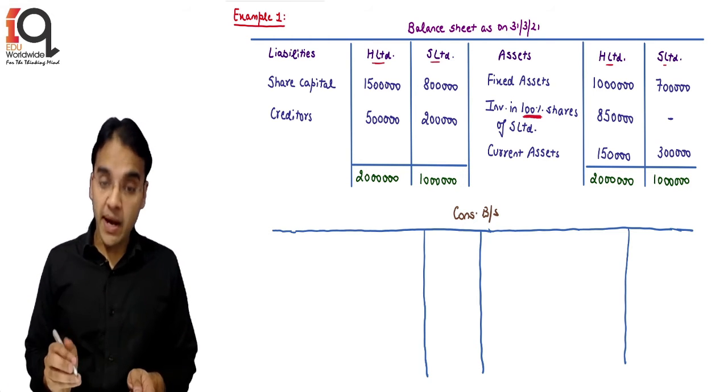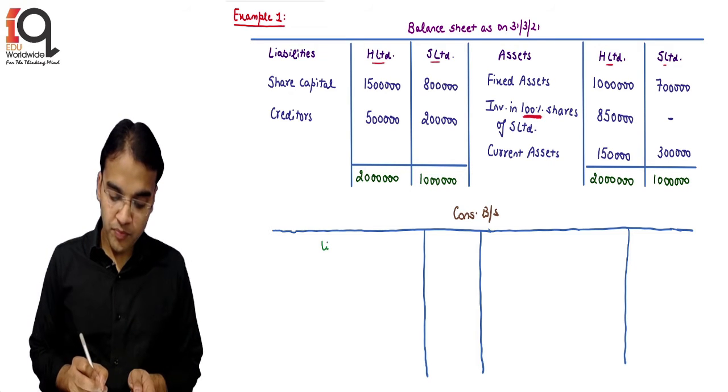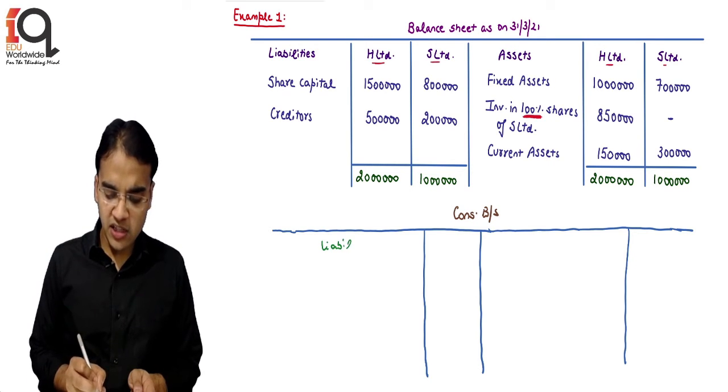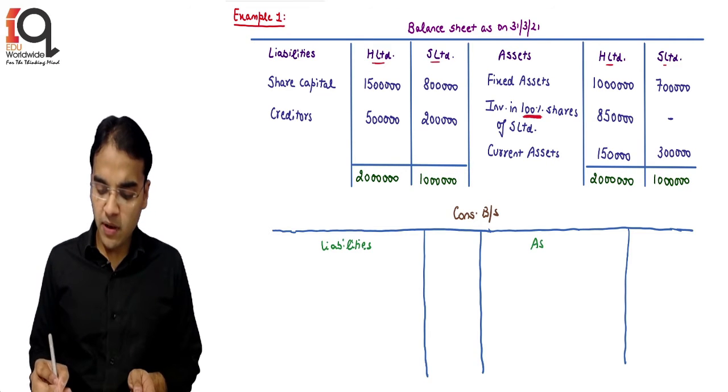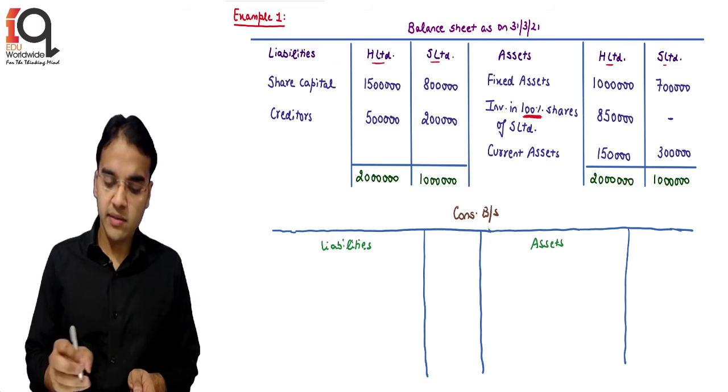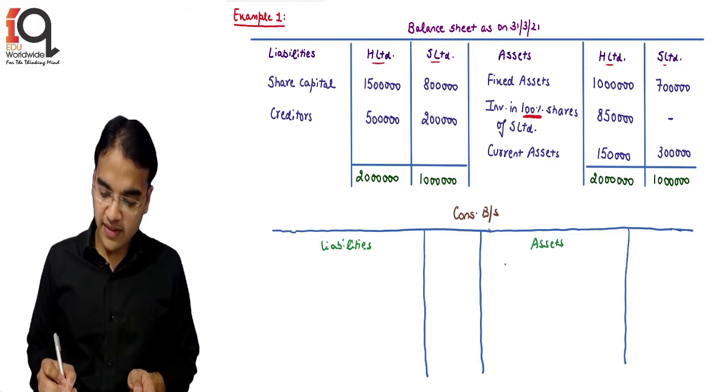Consolidated means combined balance sheet. I am making it in a T shape only so that I can explain you the basic concepts. So liabilities and assets. First is fixed assets.